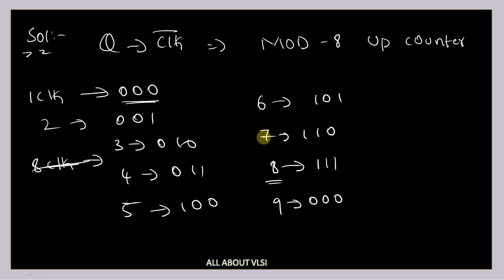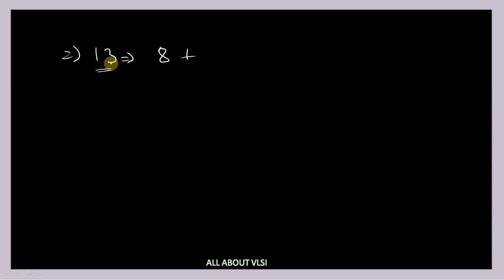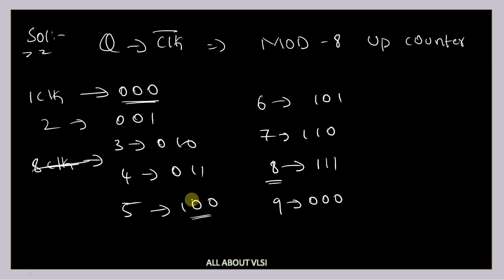Now we need to find out what is the value at the 13th clock pulse. For every 8 clock pulses, the value will get reset. And 13 is 8 plus 5, so we need to find out the value at the 5th clock pulse, which is 100.